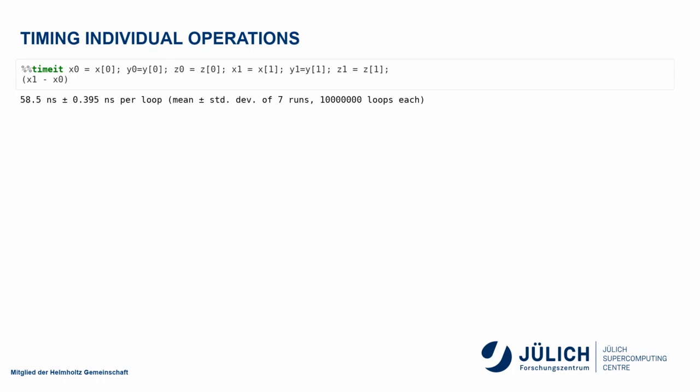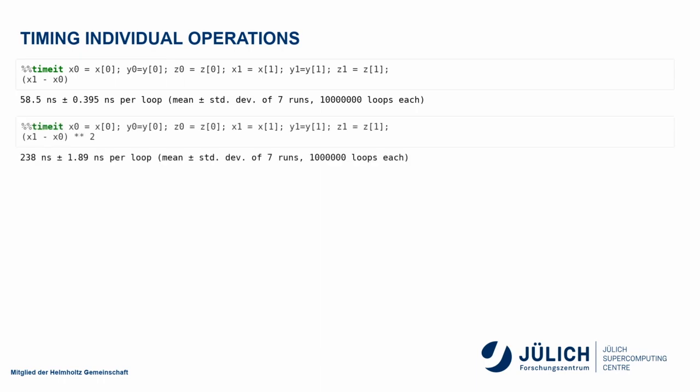So here I'm just grabbing one of my values. And here I'm calculating x1 minus x0. This takes 58.5 nanoseconds. OK. I don't think there's much I can do about this. So what about the square?